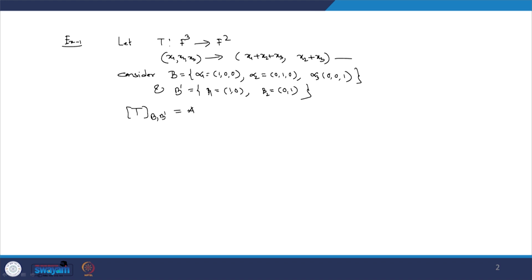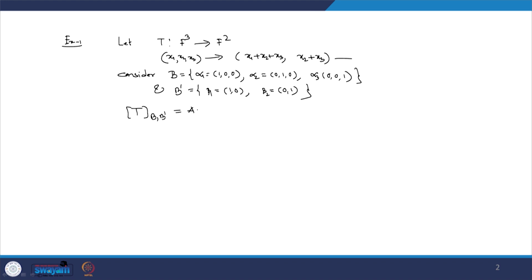Now, the question is, suppose a matrix is given to me, how will I define the corresponding linear transformation? Is it possible to do it? Let me talk about this specific example case. Here, what is the matrix representation A?